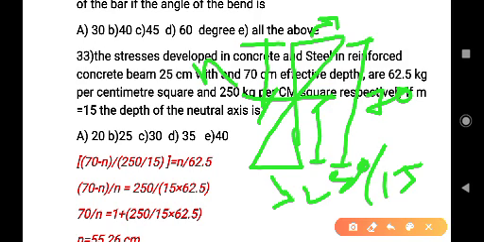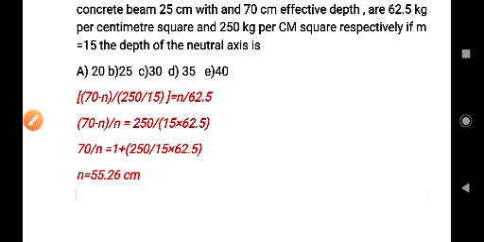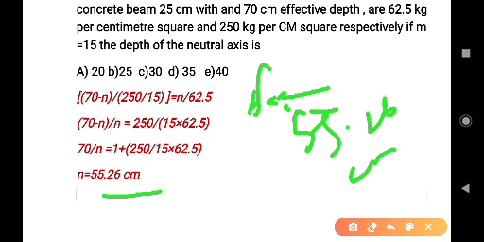From these two triangles we get (70 minus n) by (250 by 15) equals n by 62.5, from geometrical properties of triangle. By calculating this we get n equals 55.26 centimeter. So here right answer should be 55.26 centimeter.